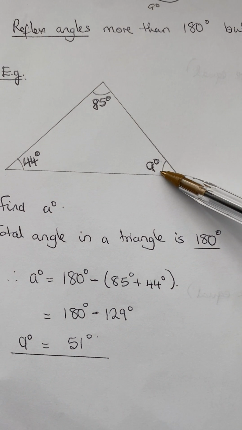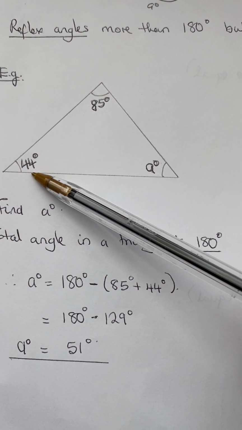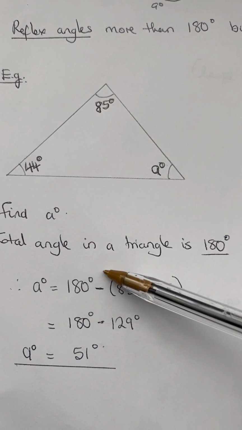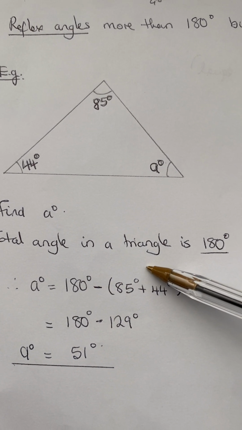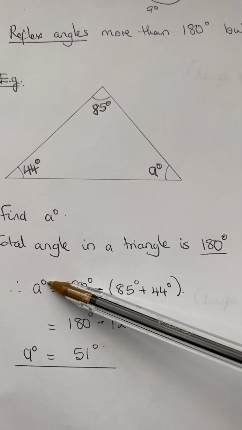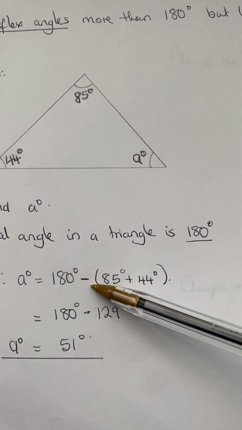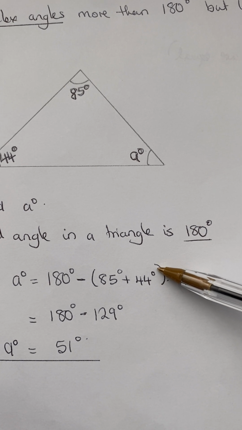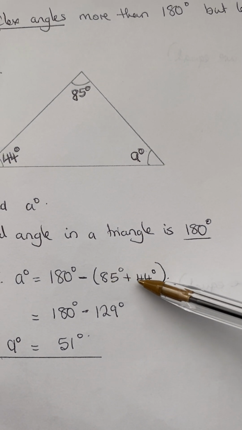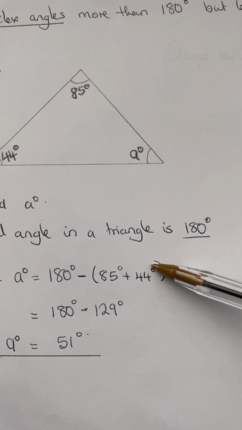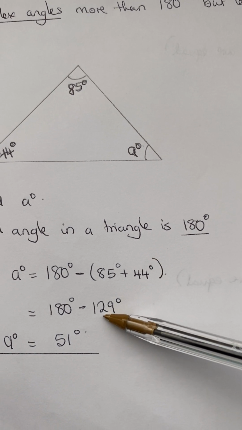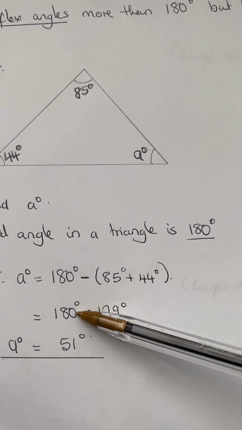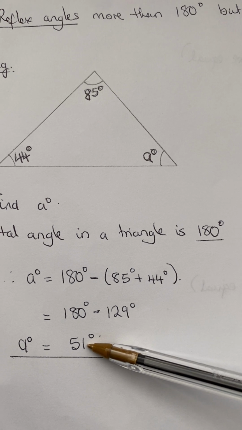So to find A, we need to add 44 plus 85 and subtract from 180. 85 plus 44 degrees is 129 degrees, and when you subtract from 180 you get 51 degrees.